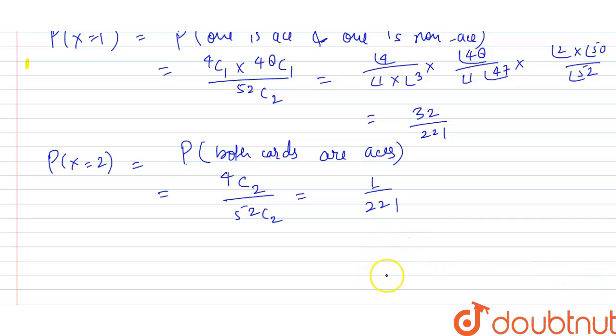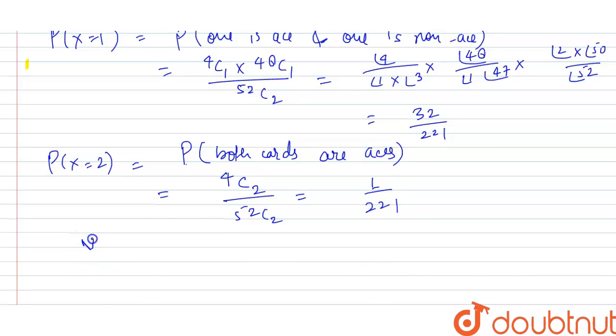Now if we draw the probability distribution table for this, we have xi and pi, where xi takes the values 0, 1 and 2.